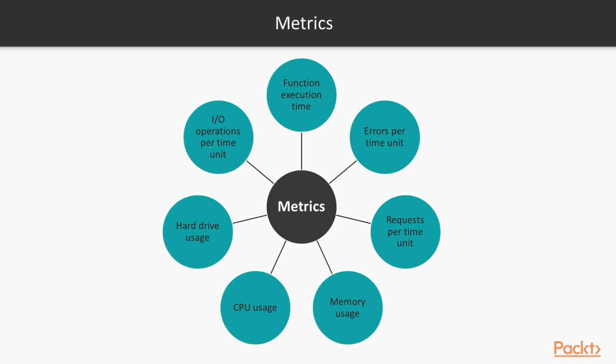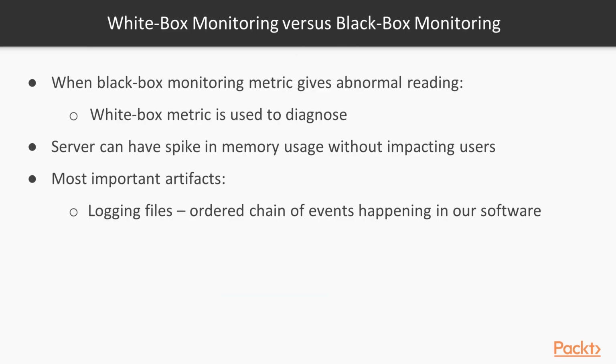There are almost too many, so we usually need to pick the right ones in order to avoid the noise. An important detail here is the fact that when a black box monitoring metric gives an abnormal reading, there is always a white box metric that can be used to diagnose, but it is not true the other way around. A server can have a spike in the memory usage due to an internal problem without impacting the users.